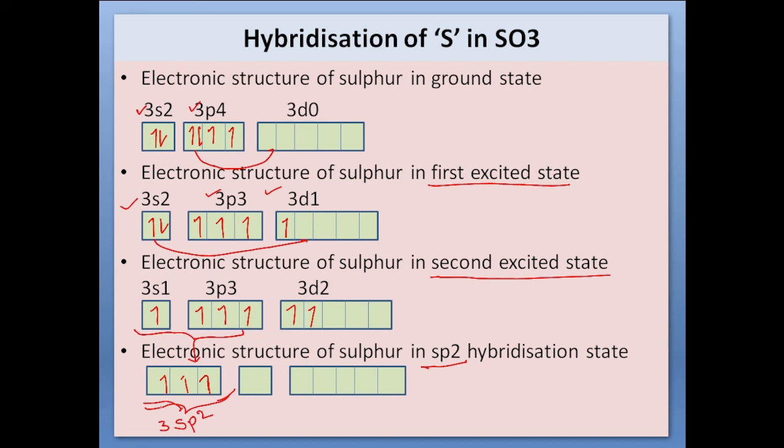And one 3p orbital containing an unpaired electron and d orbitals containing 2 unpaired electrons. These 3 single electrons participate in the formation of 3 pi bonds.